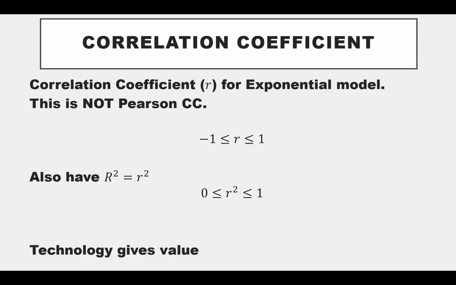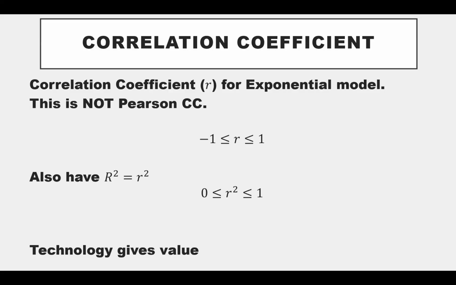Along with our model, technology will also give us a correlation coefficient. We can call that correlation coefficient R in an exponential model. I want to note that in a linear model, this was a Pearson correlation coefficient. In an exponential model, this is not a Pearson correlation coefficient.